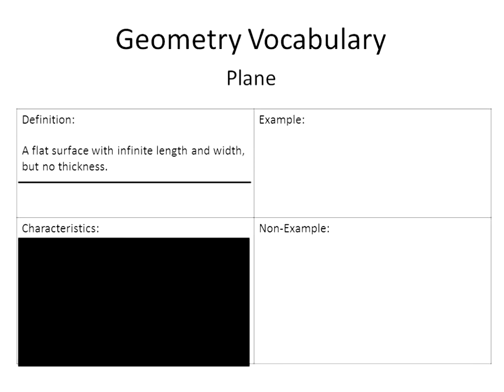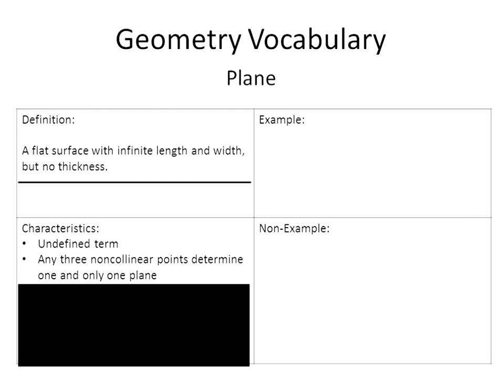It's an undefined term, like I said earlier. There's some information about how we decide whether it's actually a plane or not. It says any three collinear points determine one and only one plane. So remember, any three non-collinear. Did I say collinear?